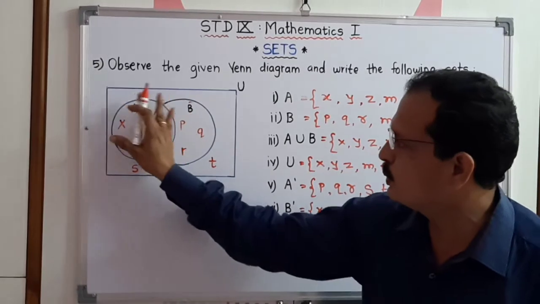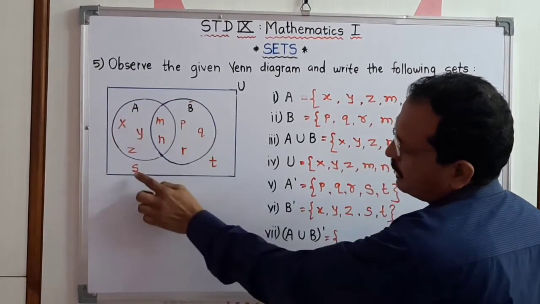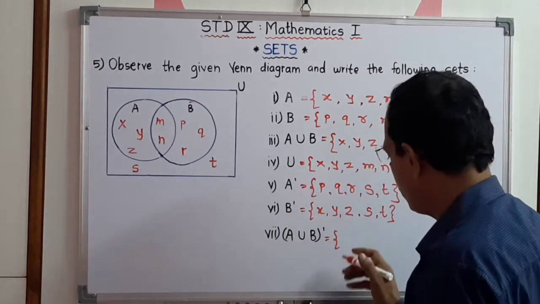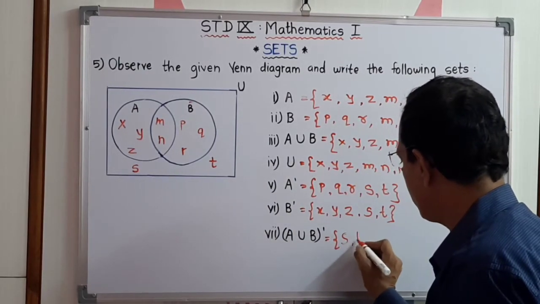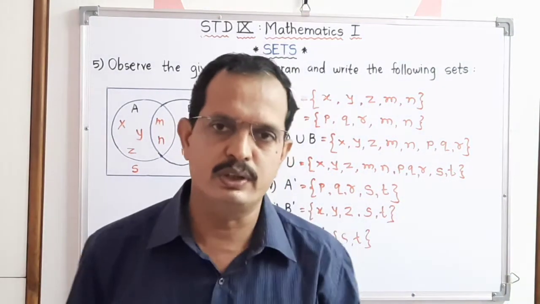This part is the union, then which are remaining? Remaining are only S and T. Therefore in this set we write S and T. These are the complement of the A union B set.